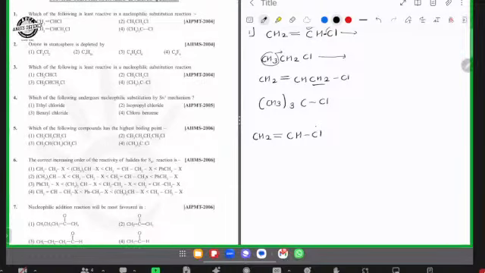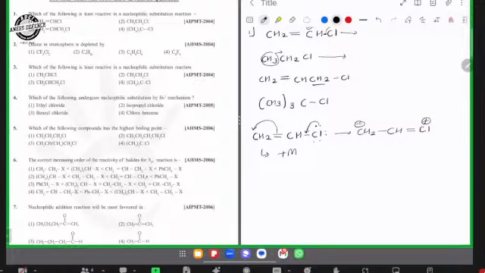Because chlorine has a lone pair of electrons, so it will go into resonance and this bond will shift over this bond. This bond will break and it will come over carbon. So what we get is CH2(-)-CH=Cl(+). So this is showing the plus M effect, that is the positive mesomeric effect.